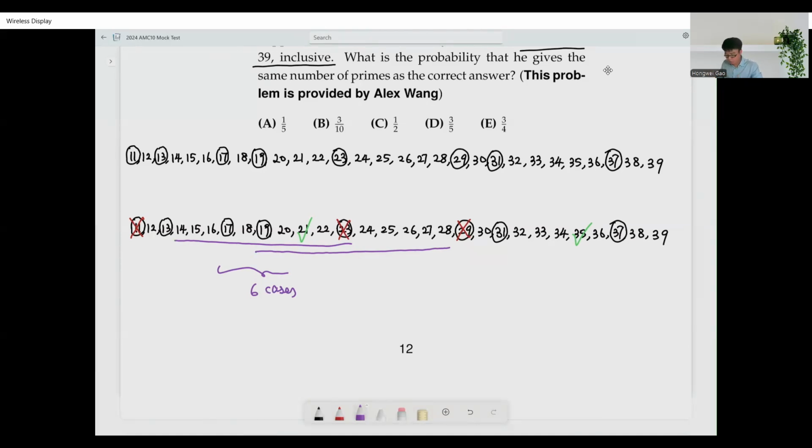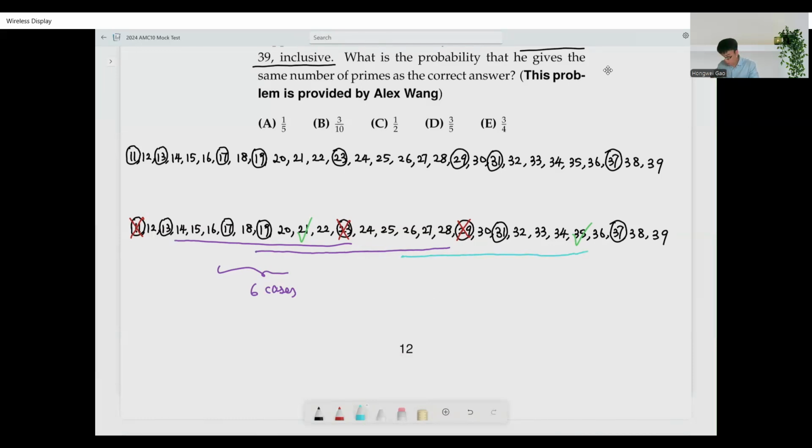Now, if we keep moving, we will include 29. That doesn't work. And keep moving, we will have the case that includes 29 and 35. To include 29 and 35, it starts from 26. So from 26 to 35, for this interval, Joey will give the correct number.